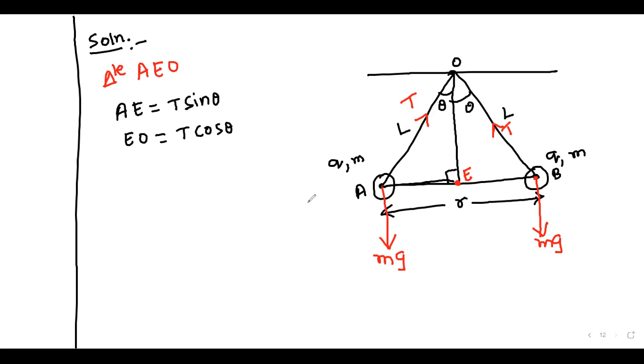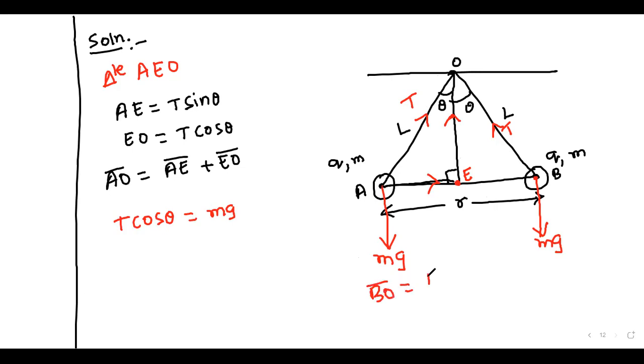Now in this triangle, AO is the resultant, that is AO bar equals AE bar plus EO bar. So in this triangle, the vertical force acting, that is T cos theta, is equal to mg. Similarly, in this triangle, BO bar equals BE bar plus EO bar.